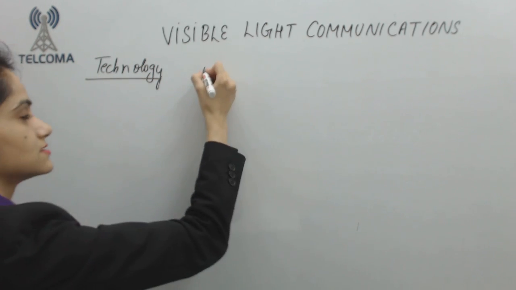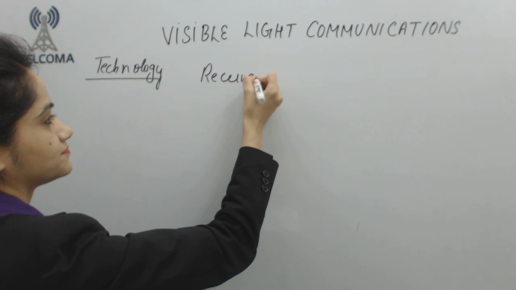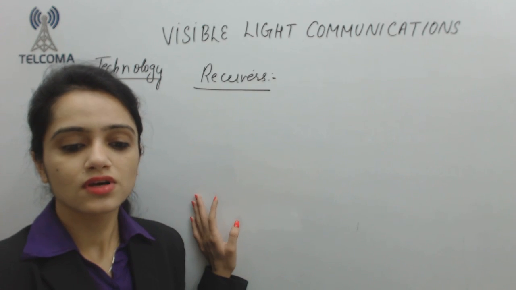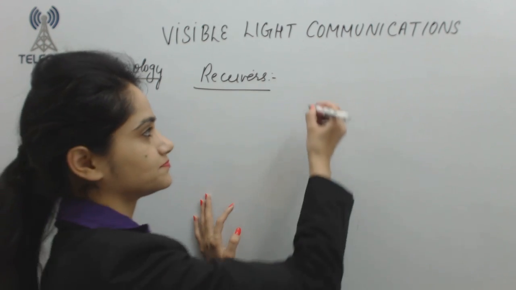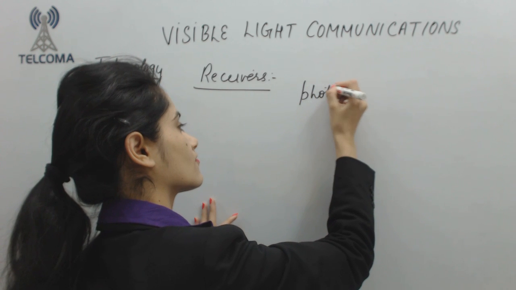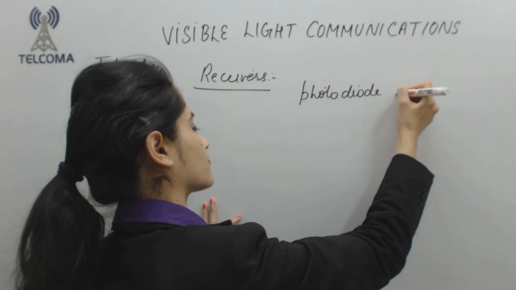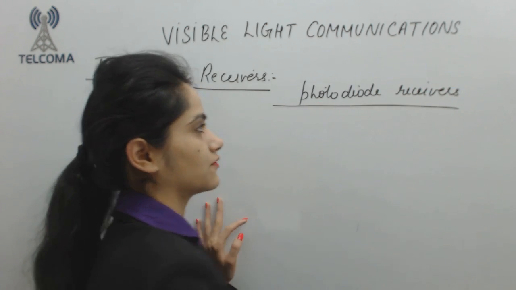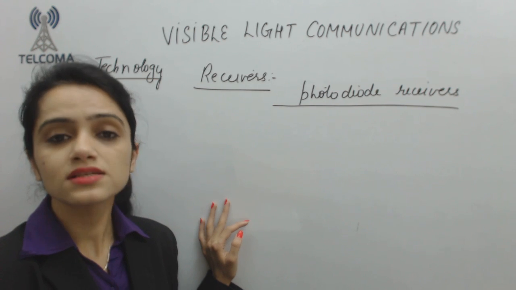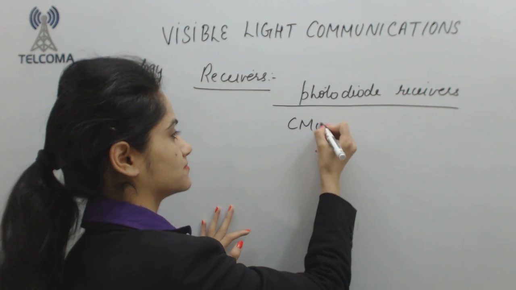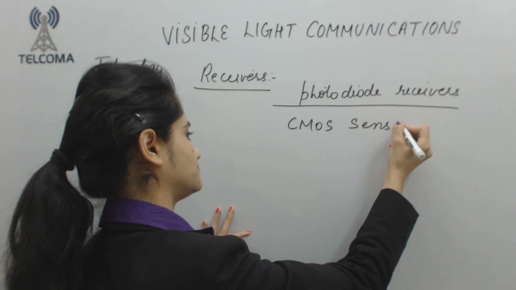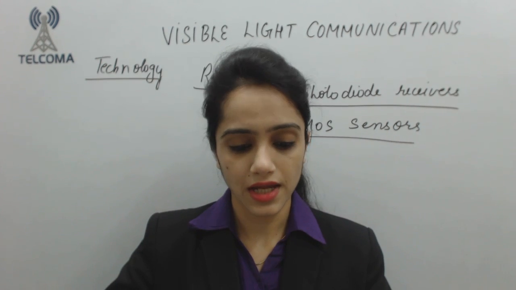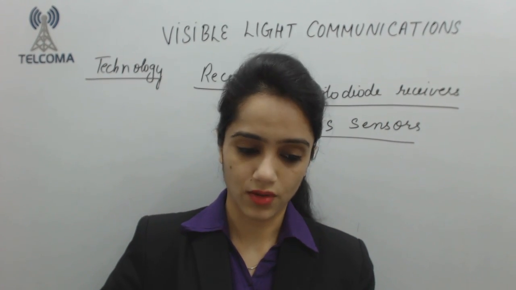So for receivers, what we can use: first one is that we can use photodiode receivers, and we can use CMOS sensors. So these are the materials that we can use as a receiver in visible light communication technology.